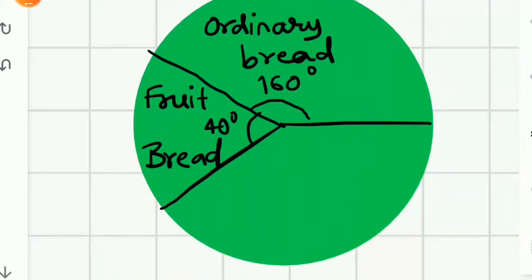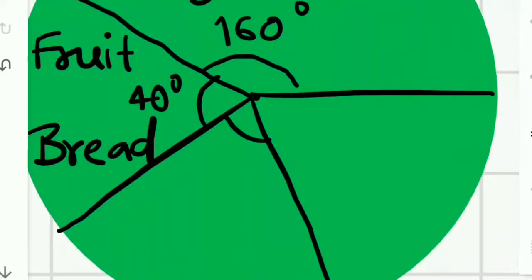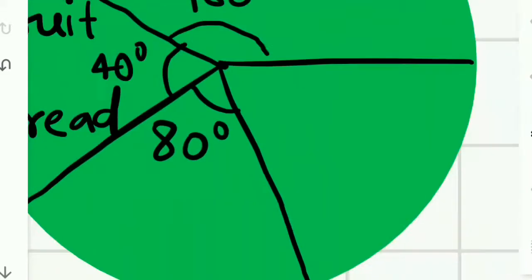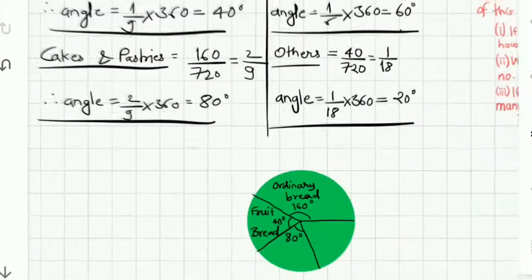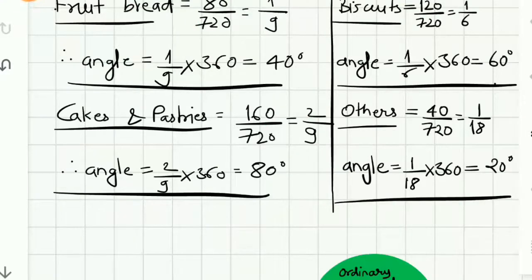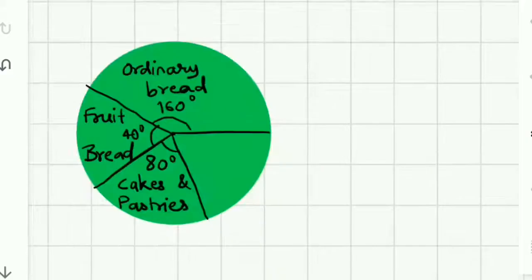And now we draw 80 degrees, not 180. It should be something like this. I'm sorry again, this is 80 degrees. And what does this part represent? Cakes and pastries.